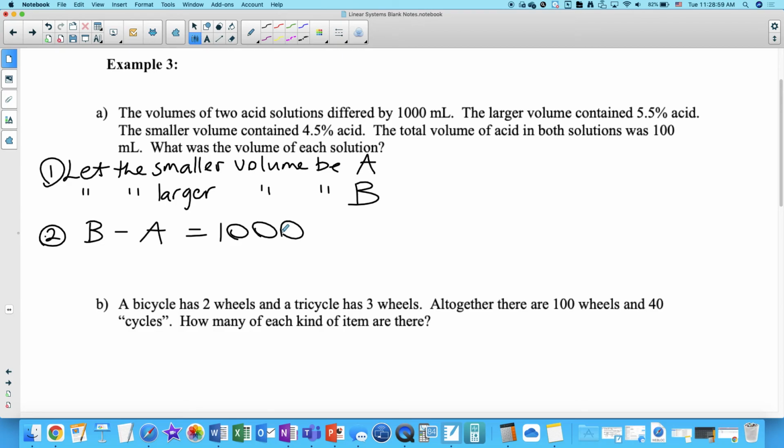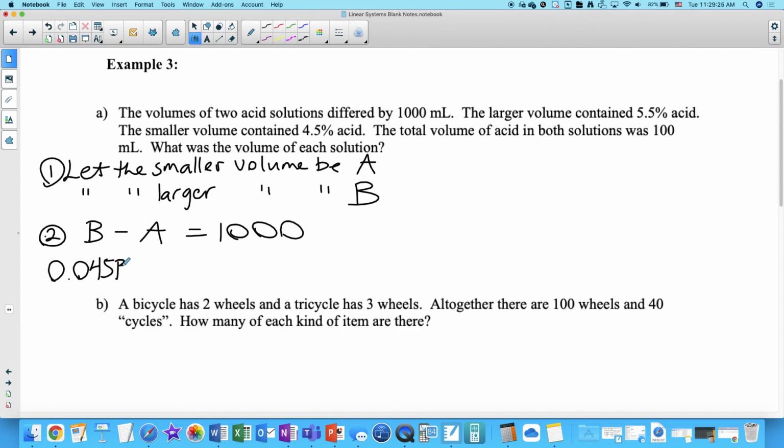So for the smaller volume, it's 4.5% of the volume. As a decimal, a percent would be 0.045, right?